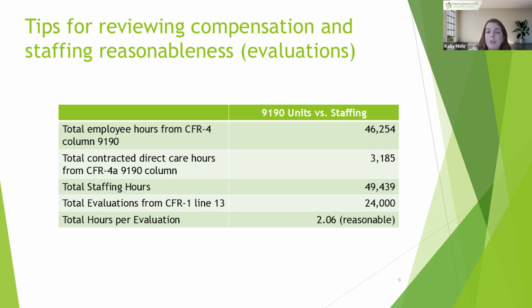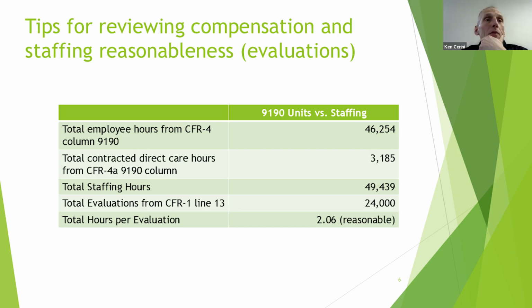You would divide that by the total evaluations reported on CFR 1, the 24,000. That would result in approximately 2 hours per evaluation, which makes sense when you include some administrative time and write-ups that go along with the evaluation. So again, just making sure that things are reasonable before you go and submit your CFR.